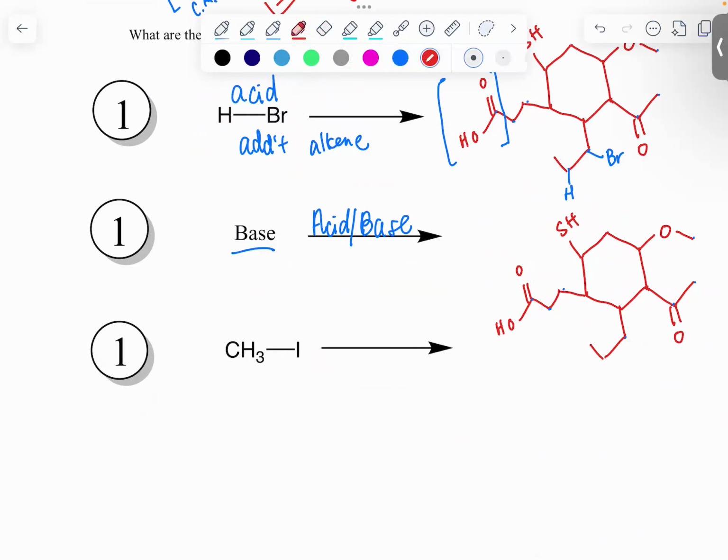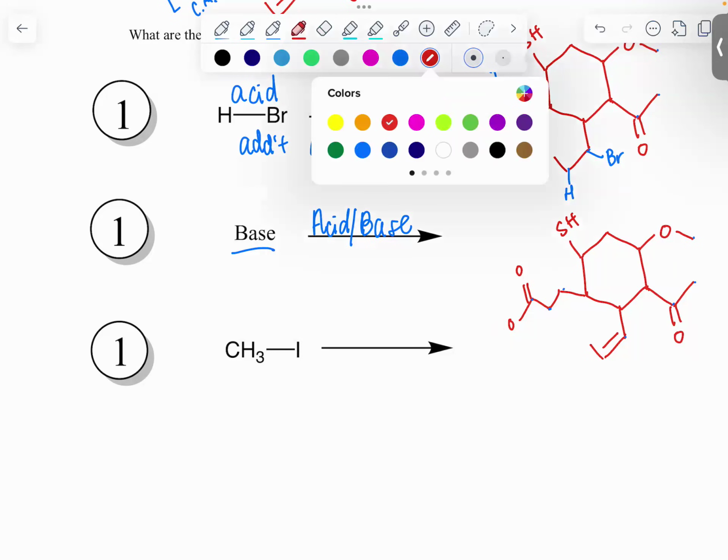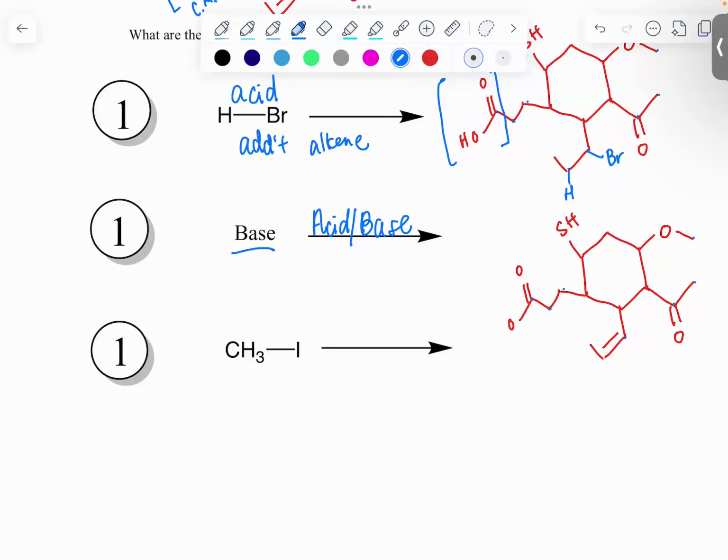This proton can go to our base. And so we will have a deprotonated carboxylic acid, or carboxylate. And we'll have our negative charge there.